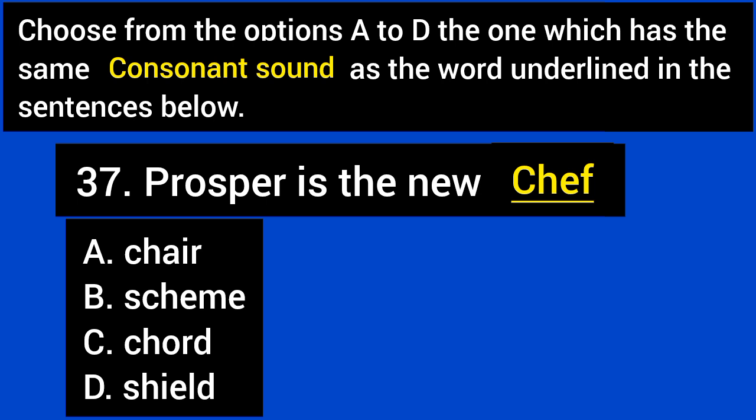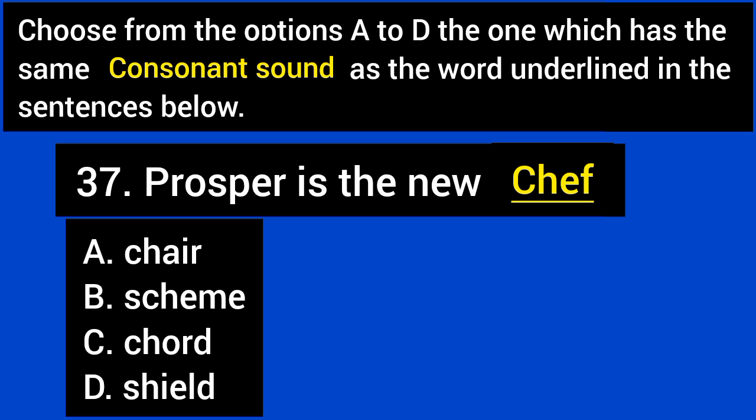So look at the underlined word, which is chef. So we have the f sound here, but looking at all the answers, we don't have any f sound there. So let's concentrate on the sh sound.